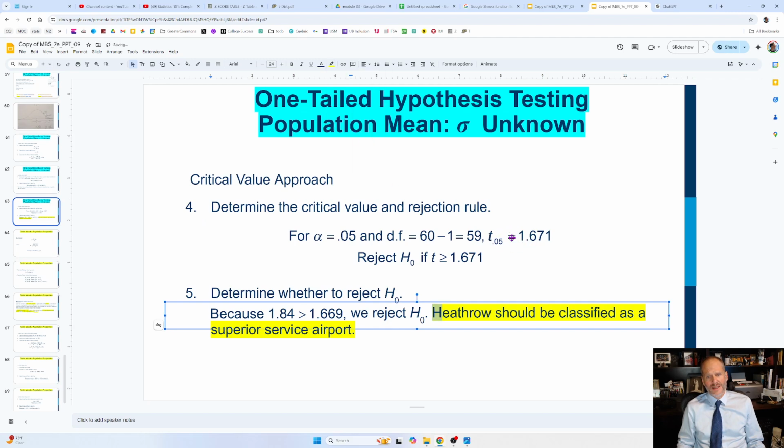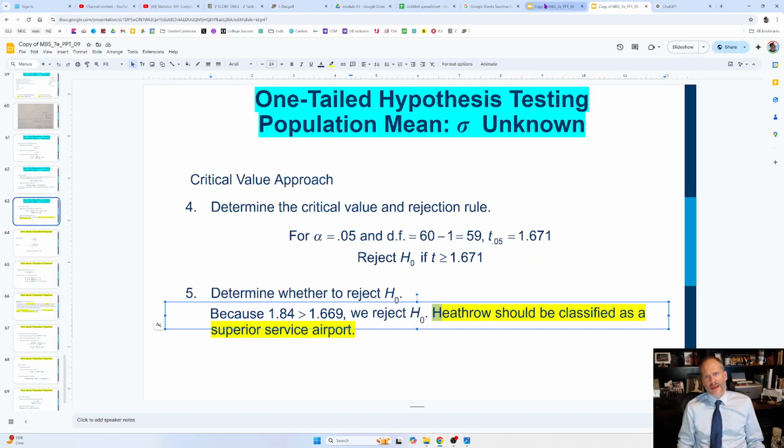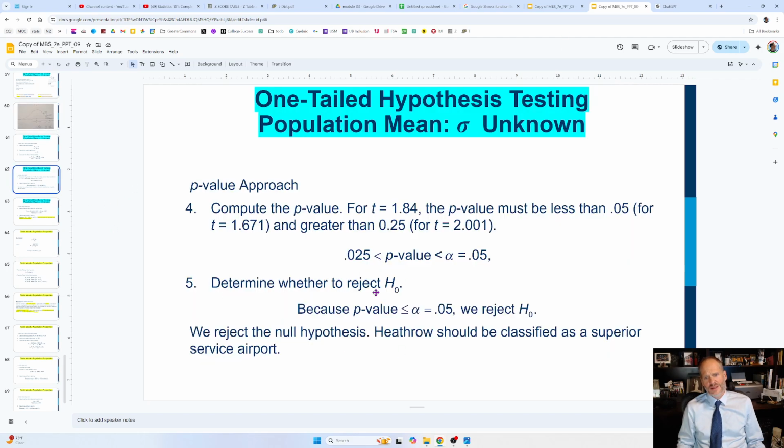And we have 1.671 because here the t of alpha 0.05 is 1.671, so 0.05, 1.671 right there. And that in our diagram is this, 1.671 at 0.05, and our 1.84 is this, and it's greater, so we reject. And that is pretty much what they're saying here.